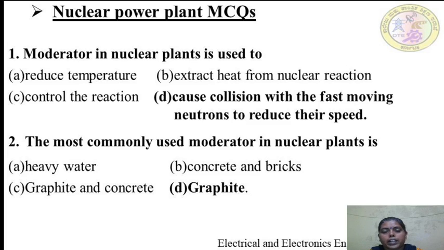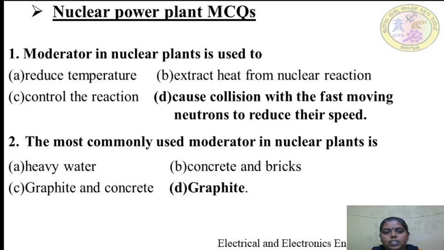Related to this, the multiple choice questions are: Number 1, the moderator in nuclear plants is used to: A. reduce temperature, B. extract heat from nuclear reaction, C. control the reaction, D. cause collision with the fast moving neutrons to reduce their speed.